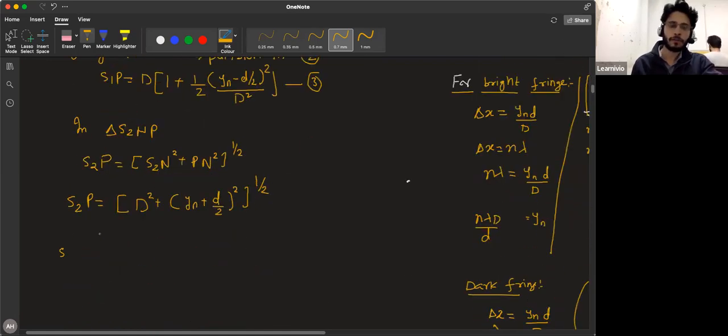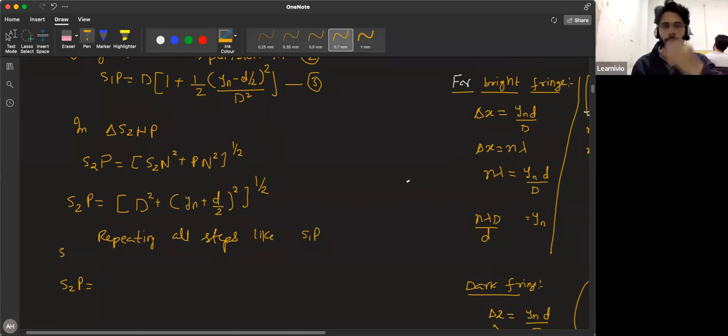If I repeat all the steps like S1P, you will get that S2P is D times 1 plus 1 by 2 (Yn plus d by 2) whole square divided by D square. This is equation number 4.